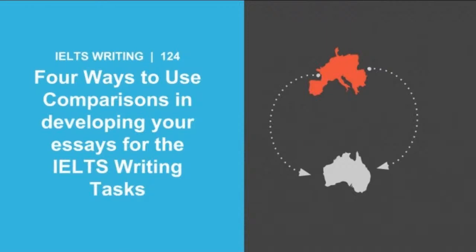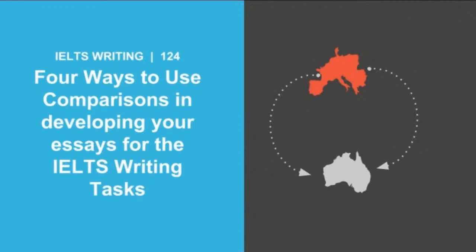This is a bigger growing concern than this, or A is a more growing concern than B. So that's the first way we can express similarities but with different degrees or different levels, and we're comparing similar items.